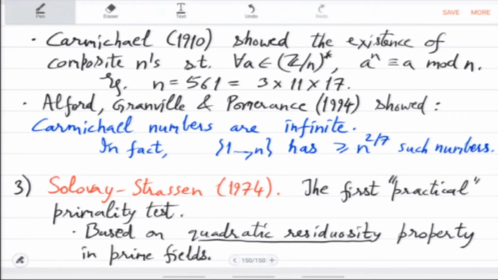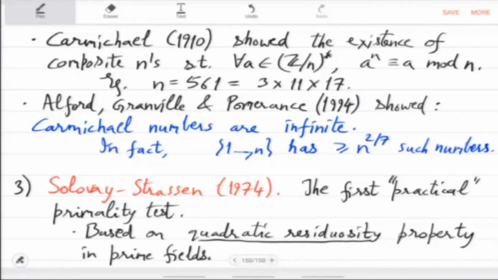So this property you have already seen. We covered this when we were trying to factor univariate polynomials modulo a prime. There you saw how to test whether a given number is a square mod p, right?